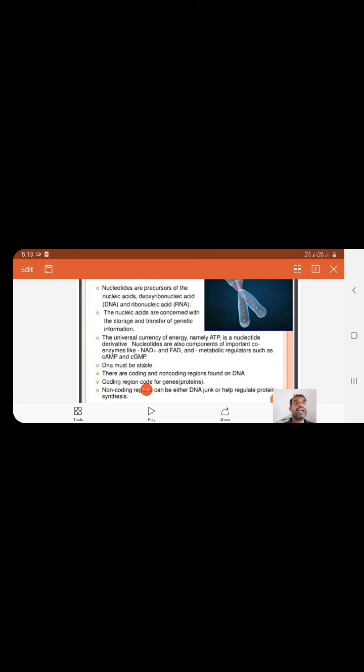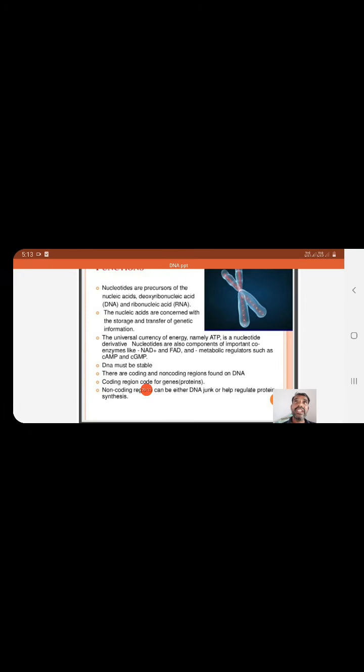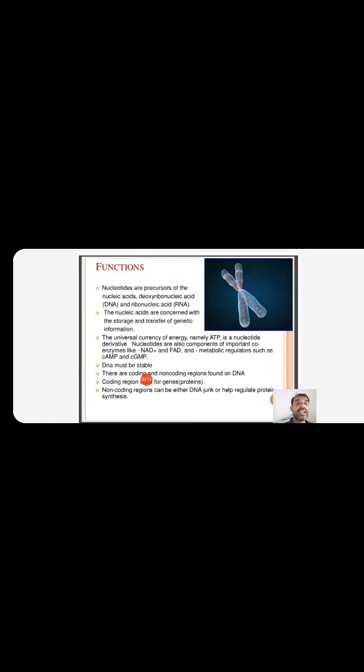So, indirectly, the genetic material DNA is helping in all molecular techniques and biotechnology processes. Not only DNA printing, but even cloning and PCR tests, and it is even helping in the protein synthesis process.